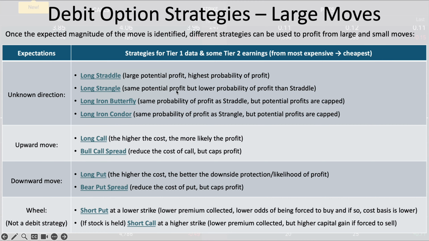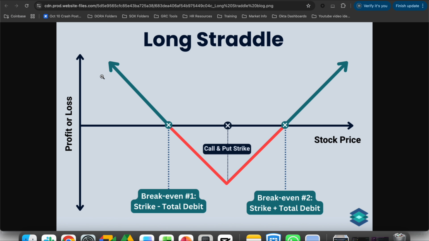All right, and so these, because these are for large moves, these are mostly for tier 1 data and some tier 2 earnings. All right, and basically the largest potential profit and the highest probability of profit is a long straddle, but also because it is more expensive, it also balances out basically, and this is a long straddle.